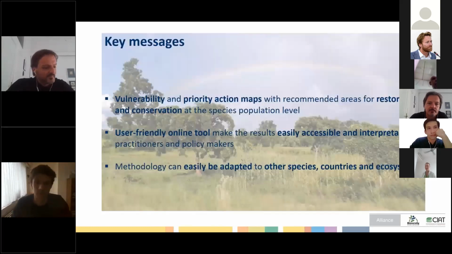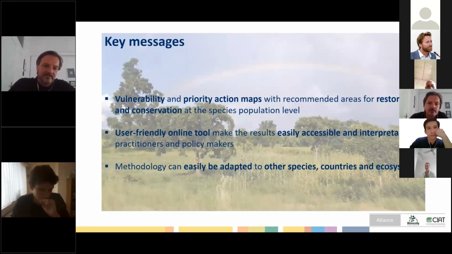So if all of this has gone a bit quickly, maybe, here are a few things that we hope you will remember of this presentation. First of all, we developed a methodology to make vulnerability and priority action maps with recommended areas for restoration and conservation at the species population level.